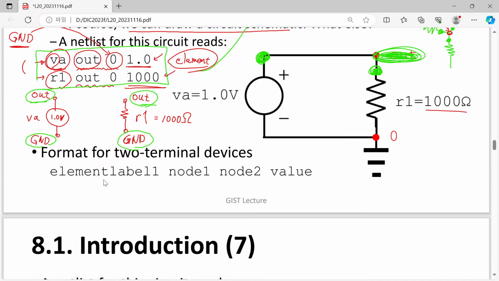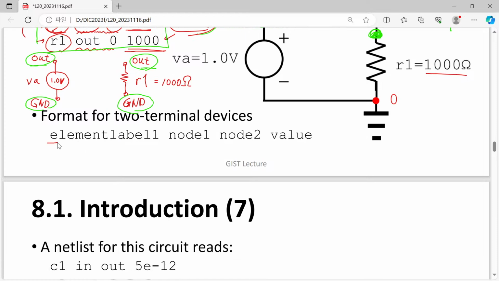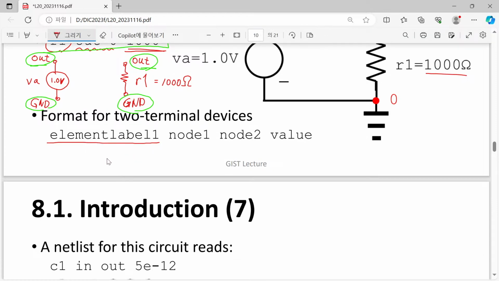Okay, so the format for two-terminal devices is quite simple. Element label, its name, and node 1 and node 2, and value. What is the value? It really depends on the situation. So for example, if this is height, and there is a certain number, then what is the meaning of this number?